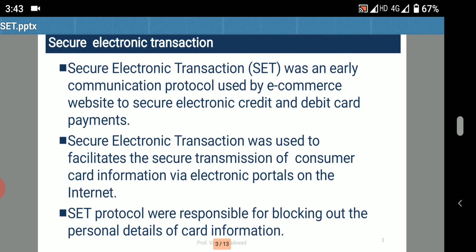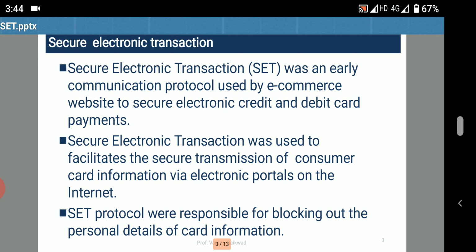Secure electronic transaction was used to facilitate the secure transmission of consumer card information via electronic portals on the internet. Like I have told you before, they use some encryption key. What is that encryption key?